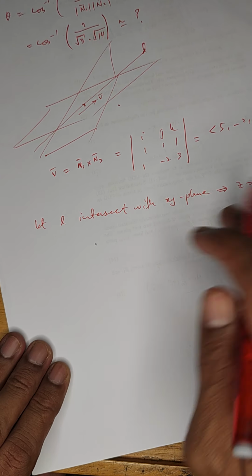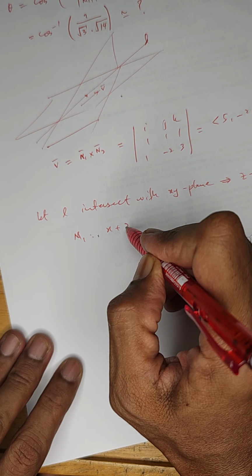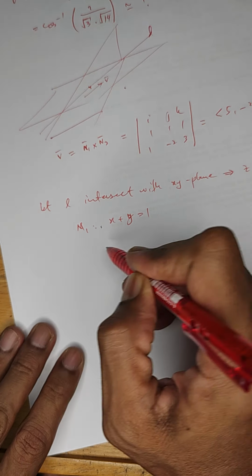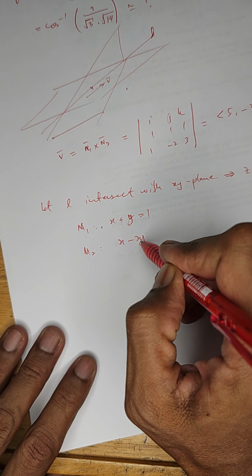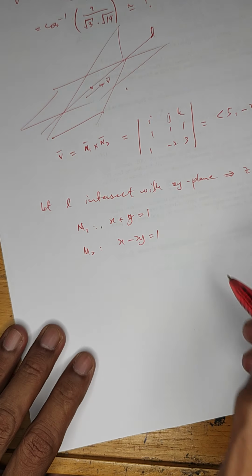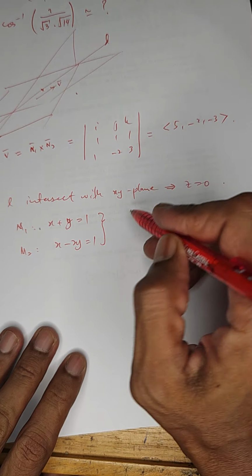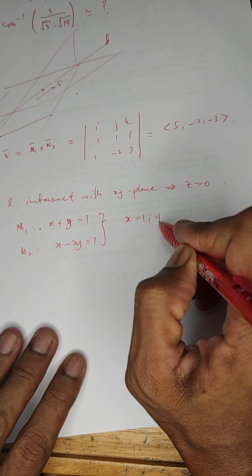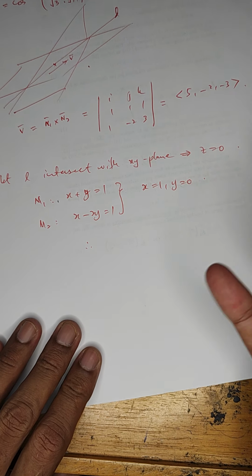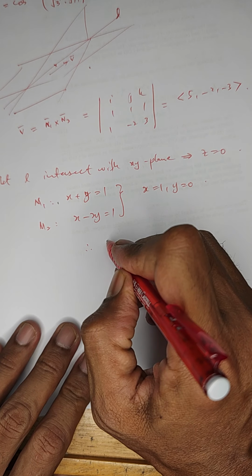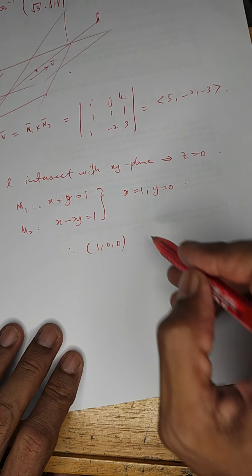So from M1 we have x plus y equals 1, and from M2 we have x minus 2y equals 1. You solve these equations, and that gives you x equals 1, y equals 0. So therefore one of the points on L is (1, 0, 0).